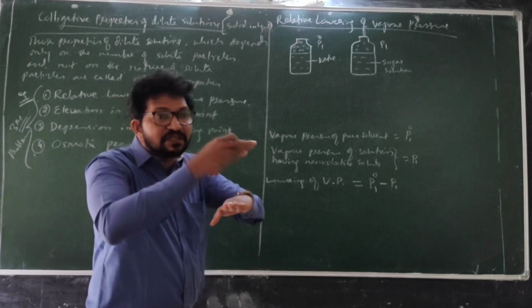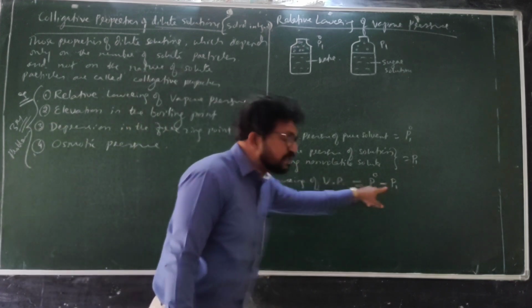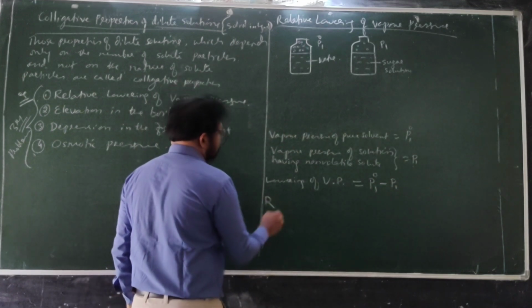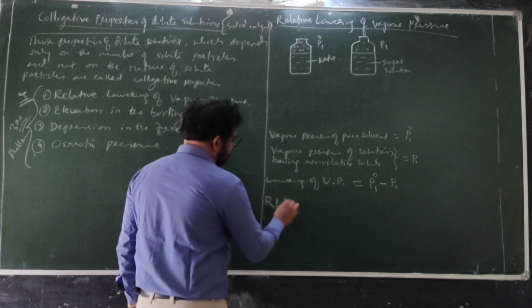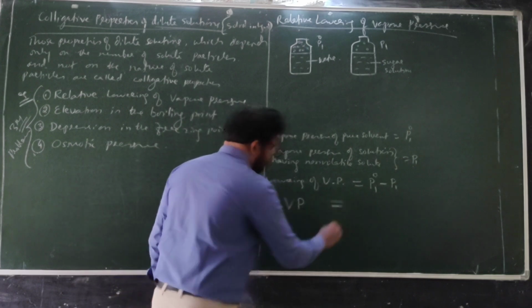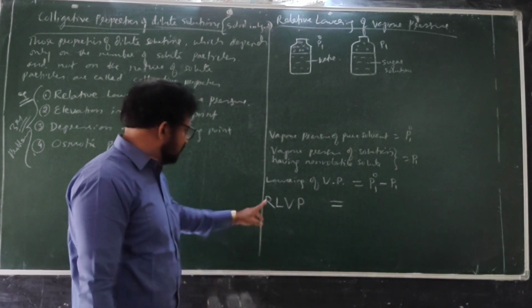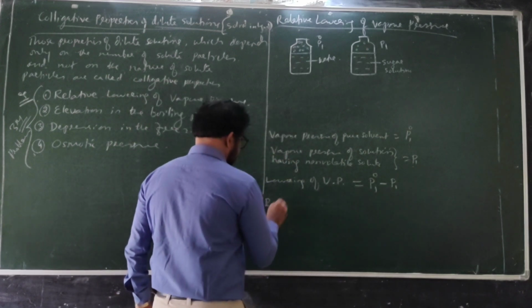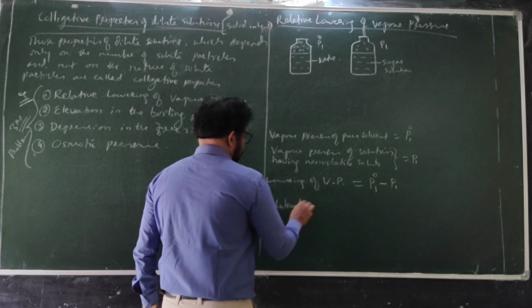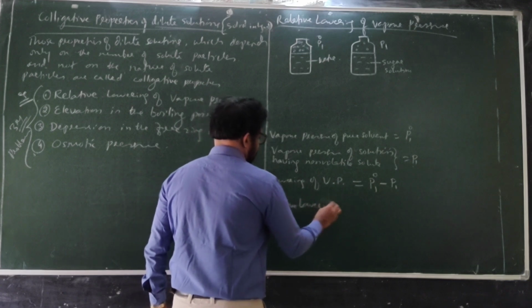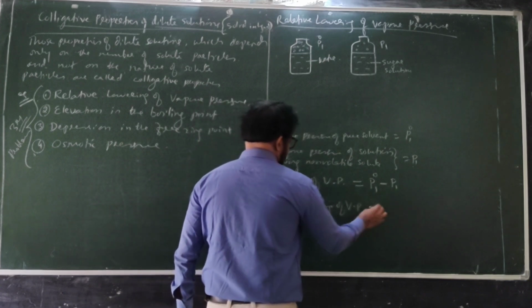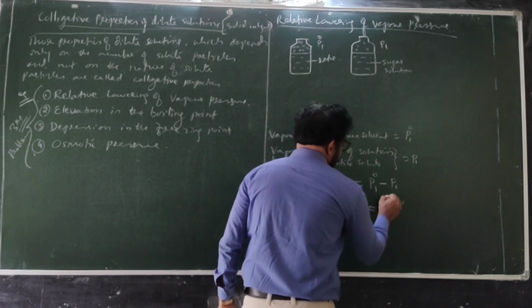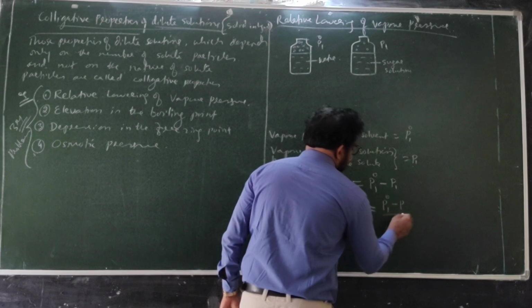How much is lower? This is lowered, relatively lowered. So I use the short form RLVP, relative lowering of vapor pressure, else I write the full form. So this is lowering of vapor pressure divided by P1 naught.